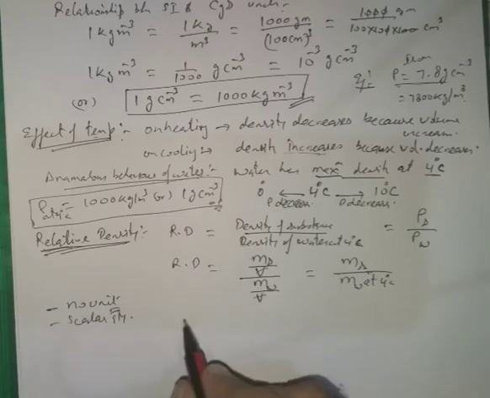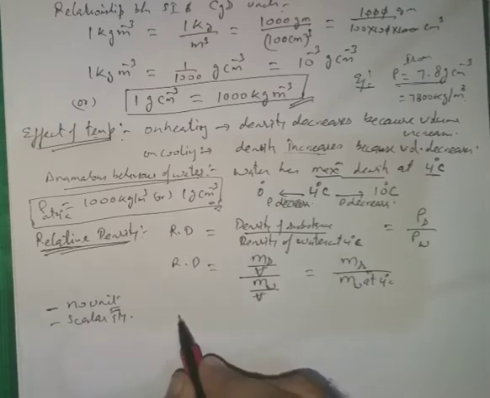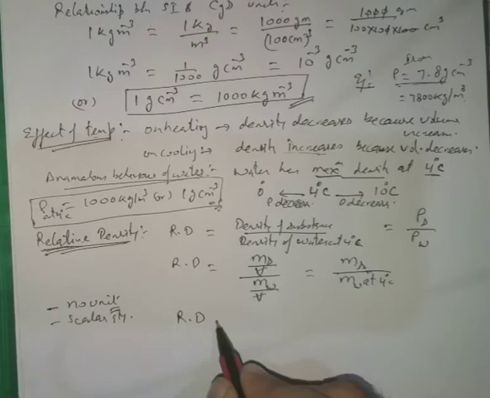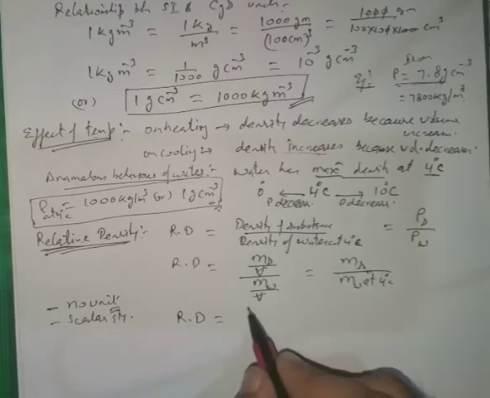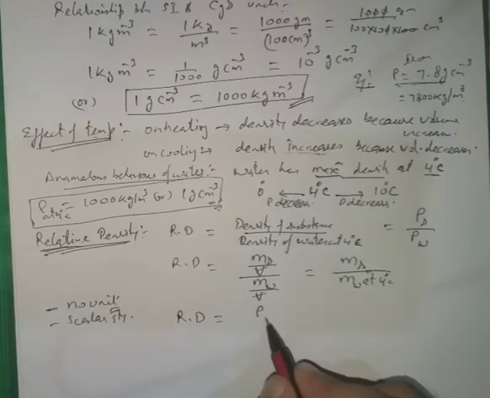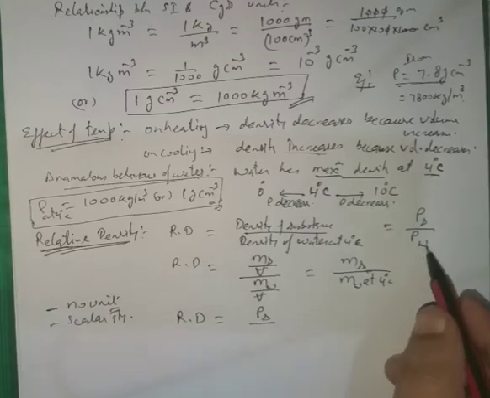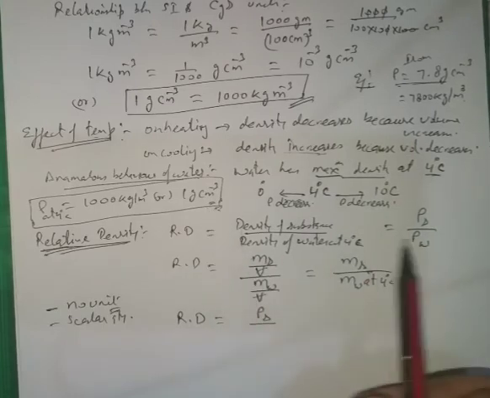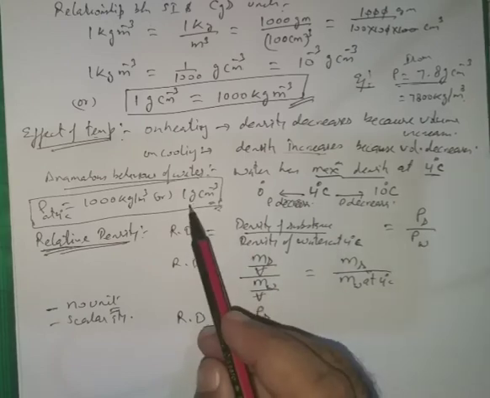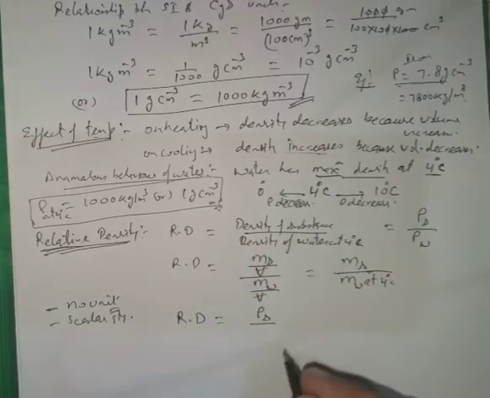Also, numerically, relative density is equal to the density of the substance over the density of water at 4 degrees Celsius, and we already know that the density of water at 4 degrees Celsius is 1 gram per centimeter cube.